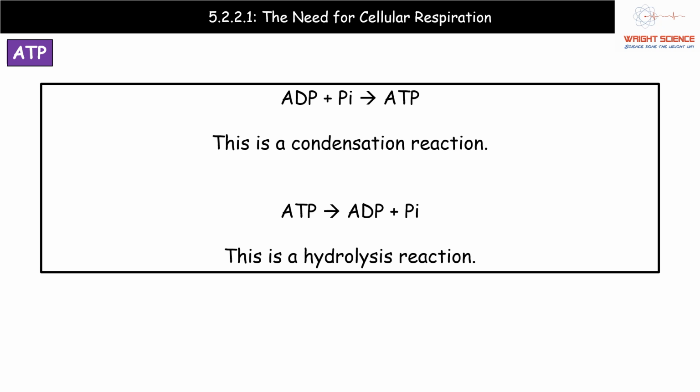So what we're going to see here, we've got a condensation reaction where we're going to start with ADP, adenosine diphosphate, and an inorganic phosphate molecule. Those are going to combine together in this condensation reaction to make ATP, adenosine triphosphate. Then when we want to break down the ATP, what we use is a hydrolysis reaction, and that means we're going to be forming the ADP and the inorganic phosphate once more.